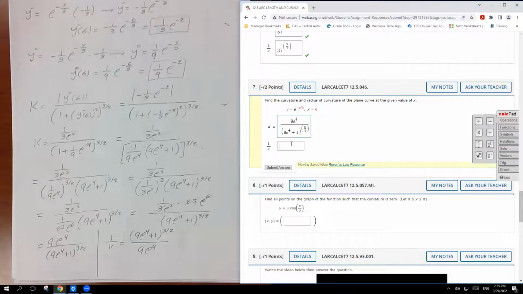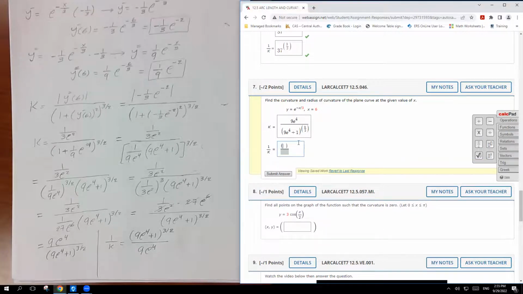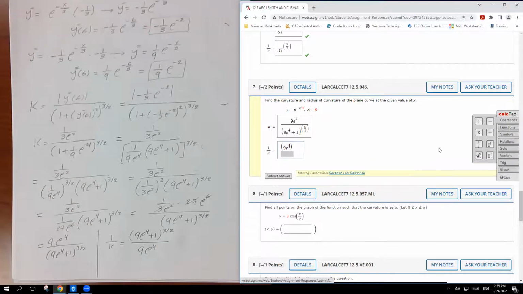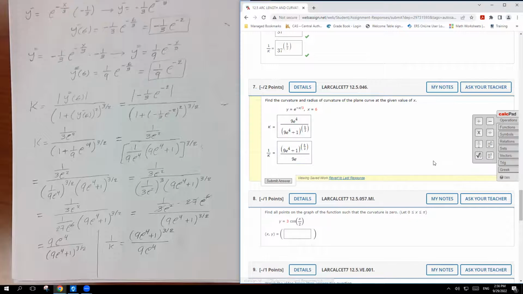And the second one, we're just going to flip this one. So it's going to be the parentheses here, 9 e to the power 4 plus 1, and here with the exponent 3 over 2, and on the bottom part here is going to be 9 e to the power 4. Let's check.